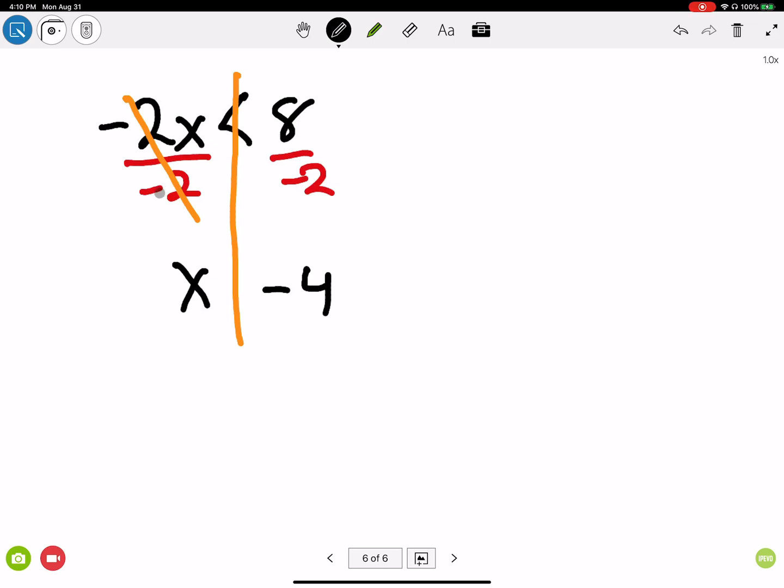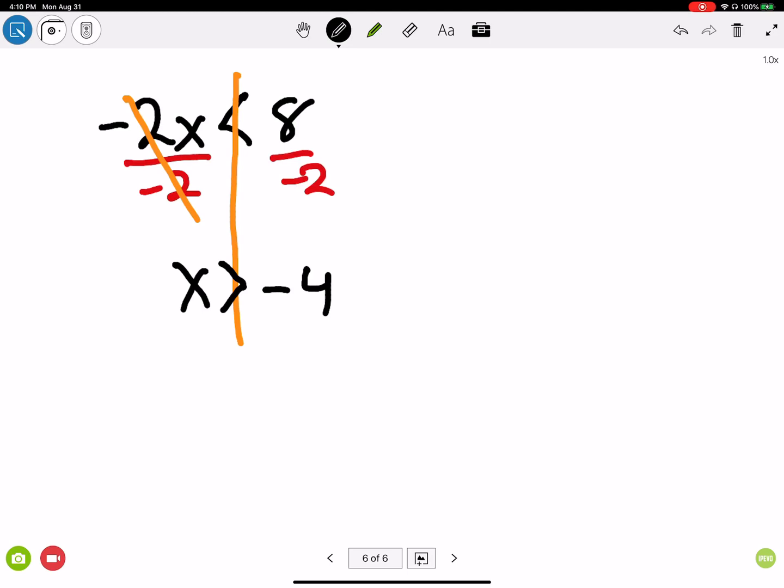Then I told you we divide by the opposite of 2. Since we divide by an opposite number or a negative number, we actually have to flip this to its opposite. So if it was a less than symbol, the opposite of a less than symbol is a greater than symbol, okay? Because I want you to think about getting the opposite of everything right now. The opposite of the 2 and the opposite of the inequality.